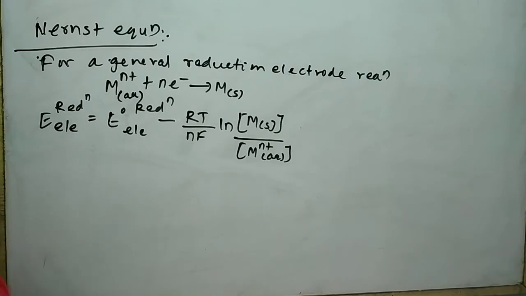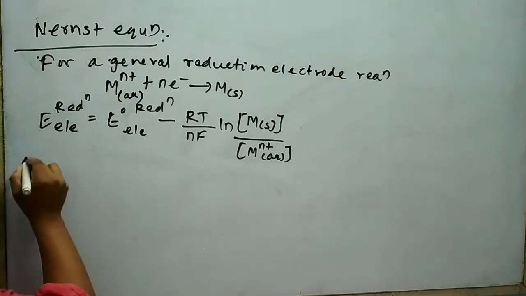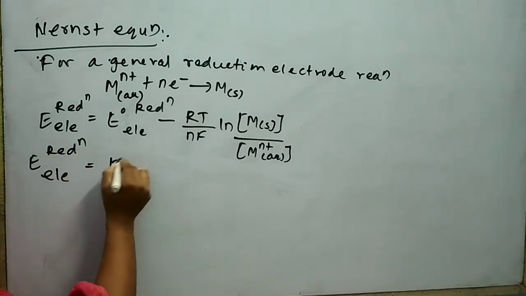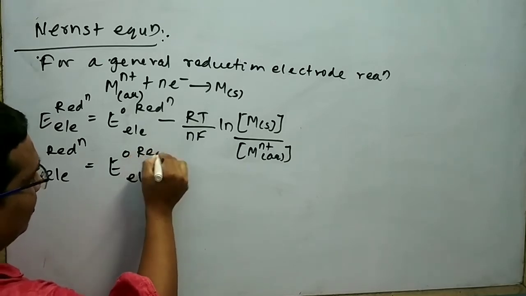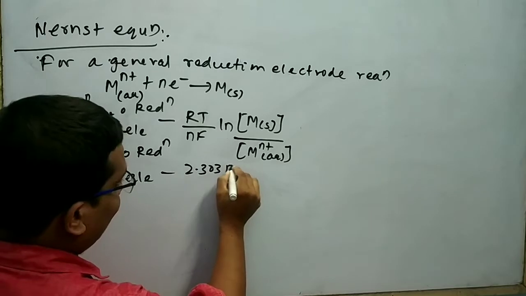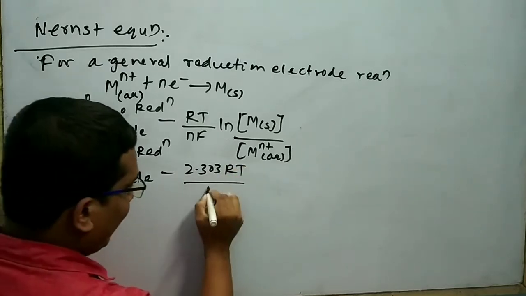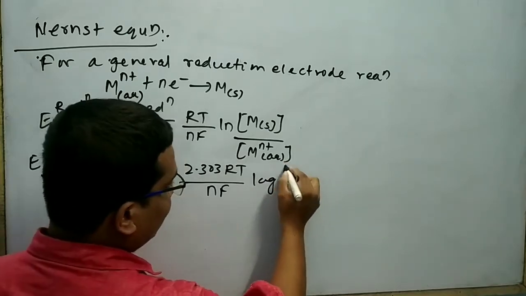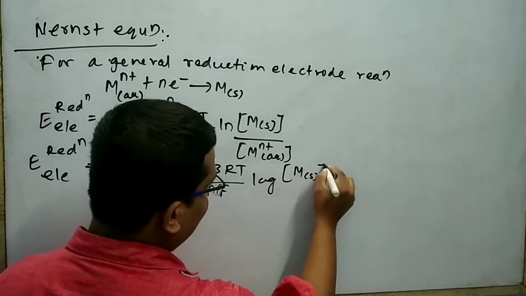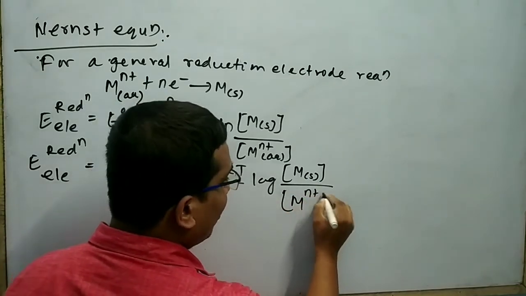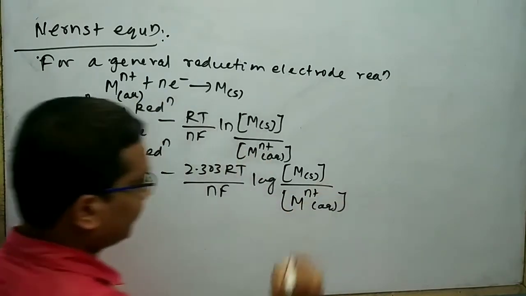We know that ln x is equal to 2.303 log x. So E electrode reduction equals E0 electrode reduction minus 2.303 RT divided by nF into log of concentration of M solid divided by concentration of M^n+ aqueous.